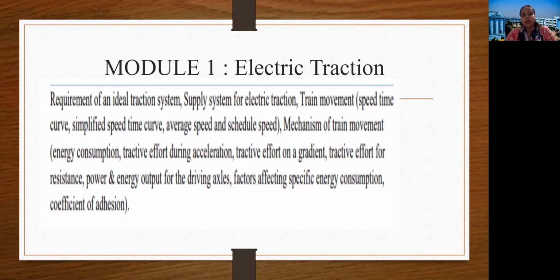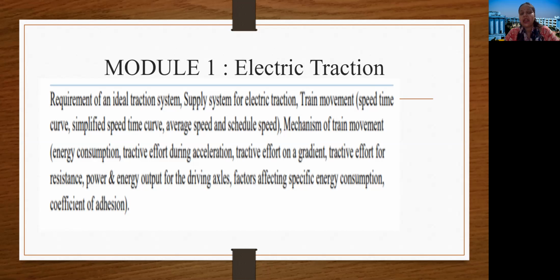You all may know that in locomotives in our Indian Railway, we get a 25 kilovolt AC supply. But in our tramway and in our metro, we get DC supply. So what are the different types of supply system for electric traction? We will also study that here.